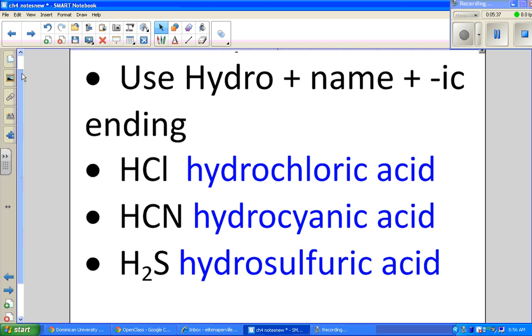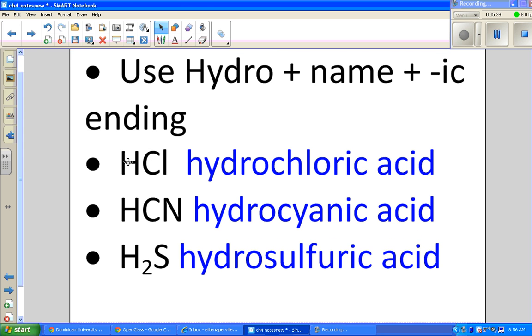So, if there is no oxygen in an acid, so check out HCl, HCN, and H2S. No oxygen means you can use hydro to begin the naming. So hydro is for the H. Cl is called chlorine, but it's not hydrochlorine acid. You need to change the INE to IC. So it's hydrochloric acid.